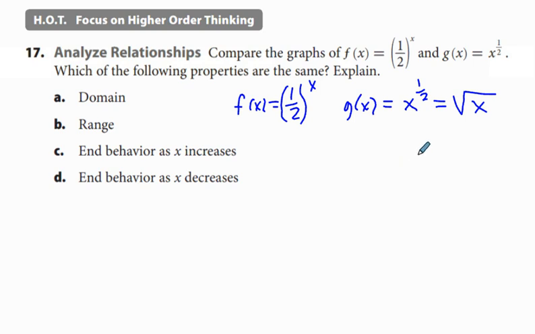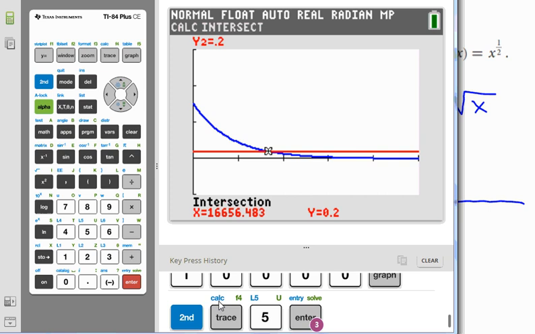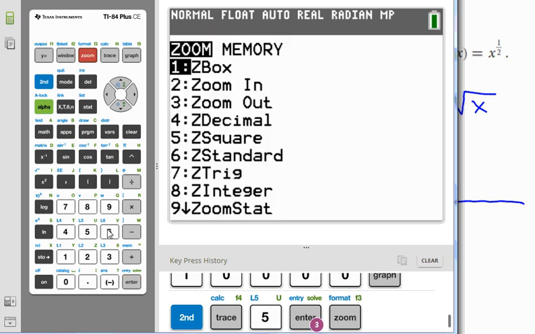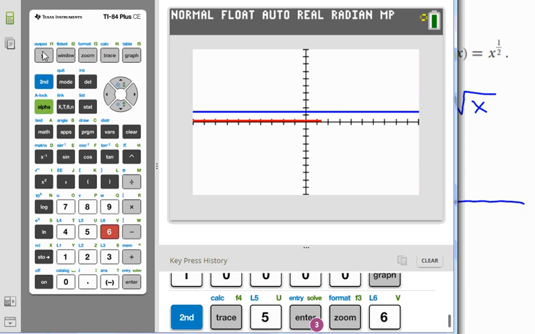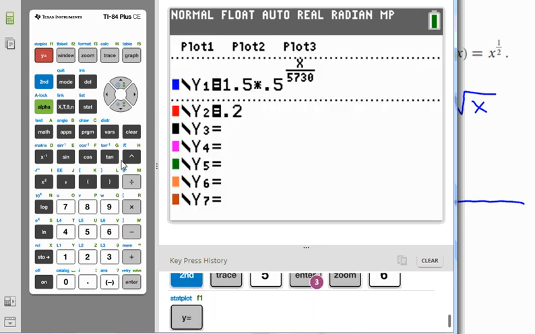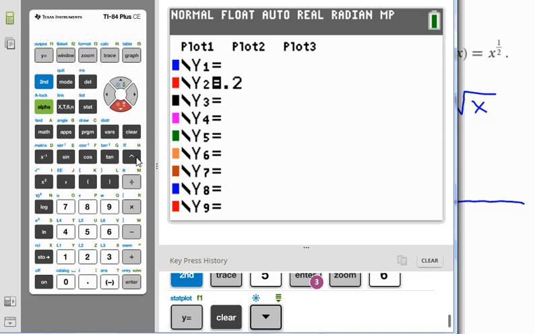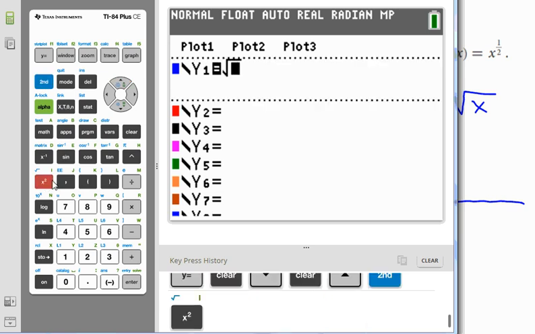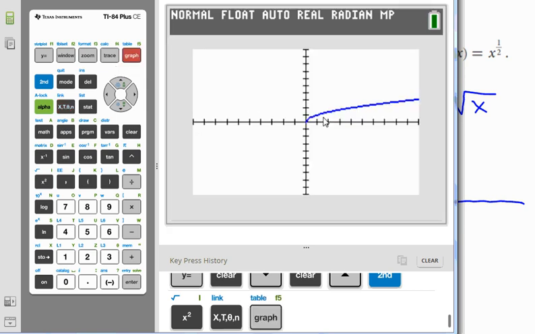So basically, the square root of x, what that function looks like is this. I'll just use the calculator. I'll go to Y=, erase everything. We got square root of x, which is this one right here.